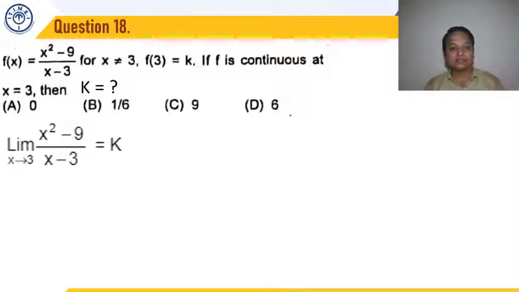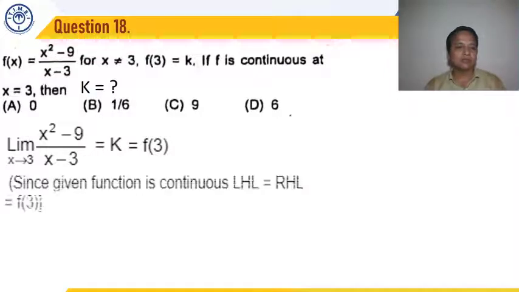So we have to factorize the numerator. Since the given function is continuous, left hand limit should be equal to right hand limit, which is equal to the function value at 3.